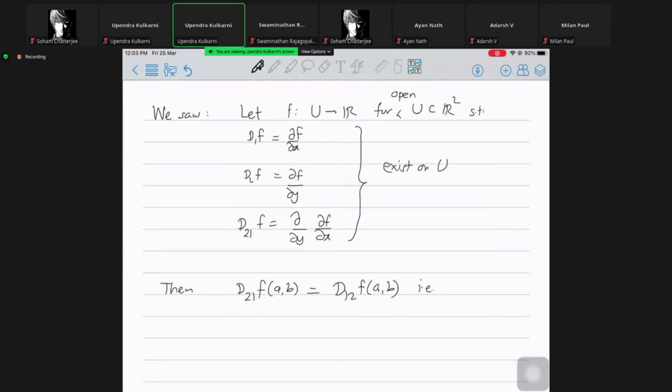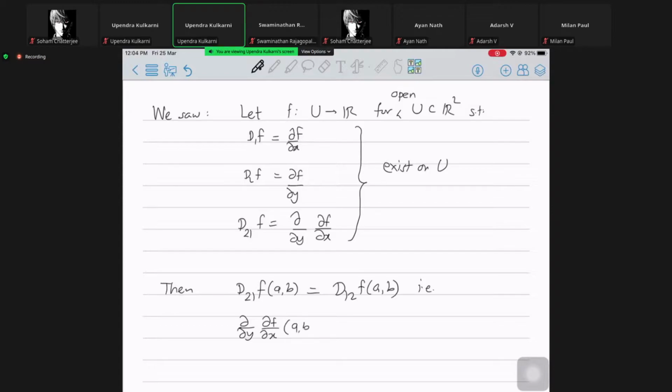Is this correct, what I have written? D12 of f, we should prove that, right? So what else is required? So d21 f has to be continuous. Yes, and in fact, this is the whole crux of the matter, right? Without that, the result is not true.